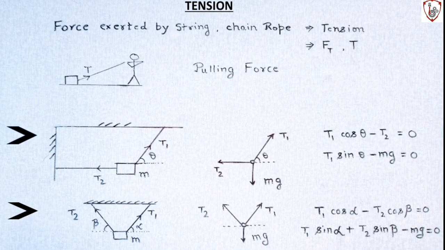Even if you cut the rope into pieces, the tension throughout the rope or in the pieces will be the same. So the tension throughout the rope, chain or string will be the same throughout its length.